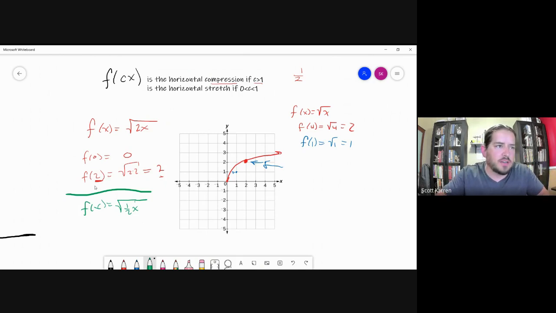So if I draw this guy, everything gets pushed to the right by a factor of 2. So instead of being at 4, I'm going to be all the way down here at 8. And so it really pushes this guy in a horizontal stretch, right? Pulls everything off to the side. Okay.